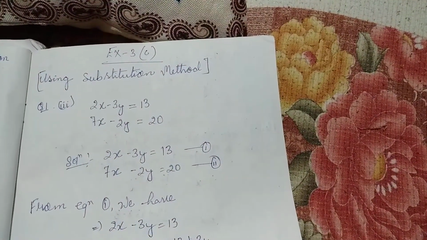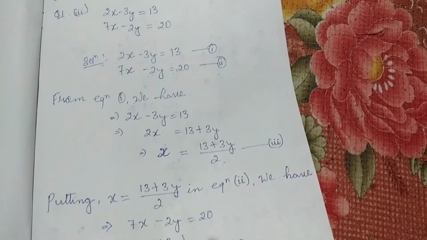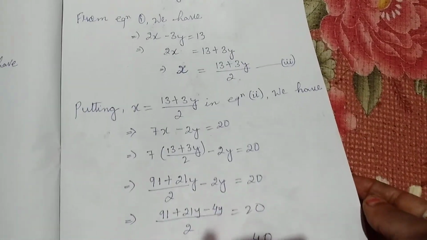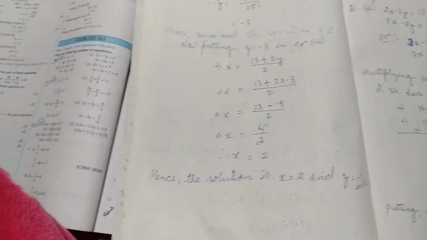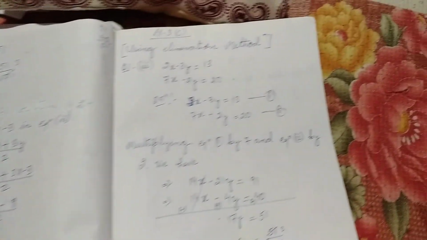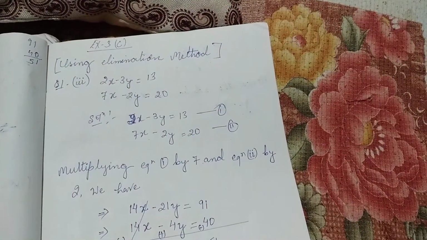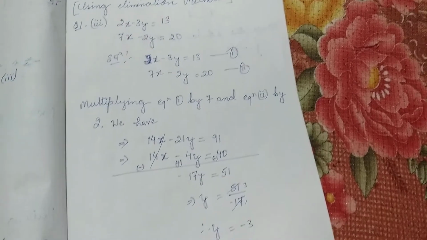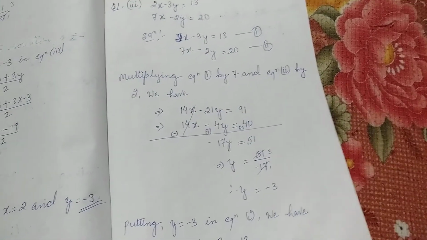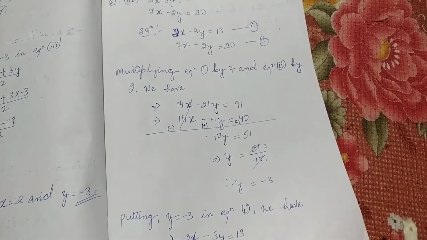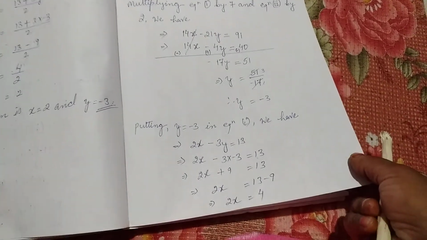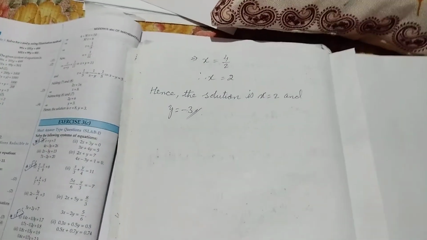Once again, I'll show you. This is the substitution method. Okay, here we completed the substitution method, and this is the elimination method. Practice both the methods nicely. Here the second method is completed.